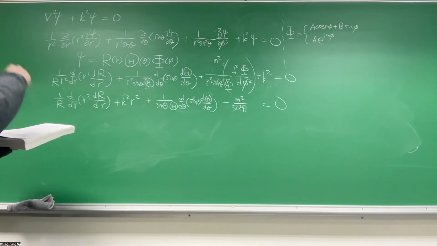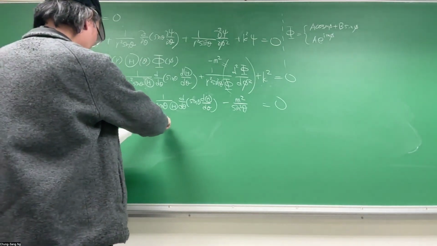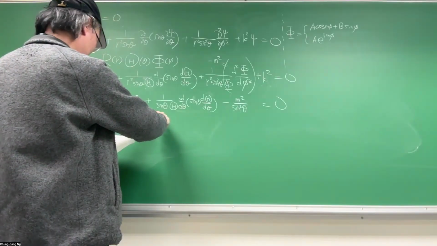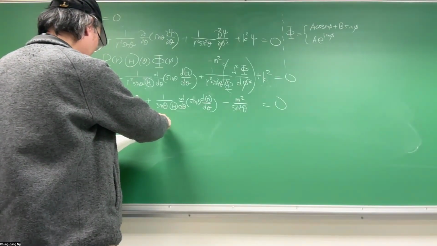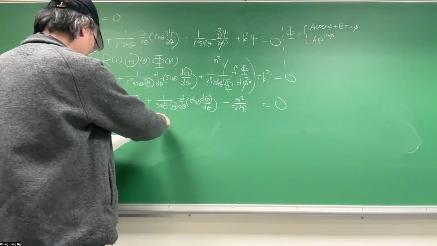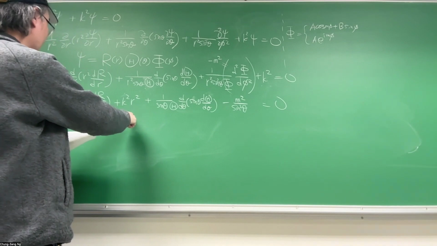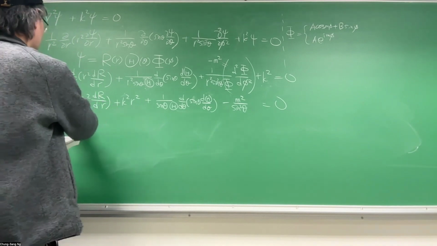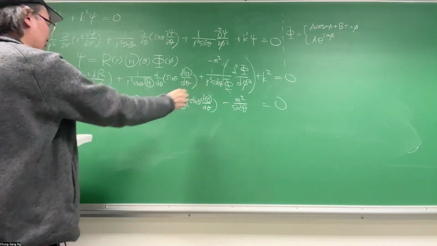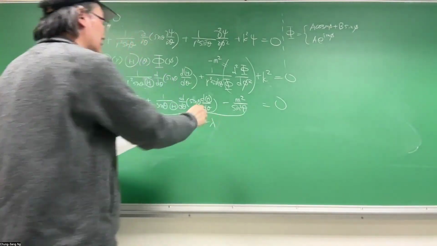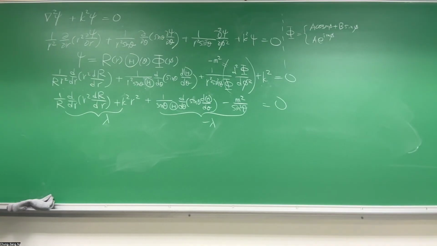Okay, call this lambda. One is lambda, the other is minus lambda. Because they add up to 0, this is lambda and this is minus lambda. Okay. You may be wondering what the lambda can mean.